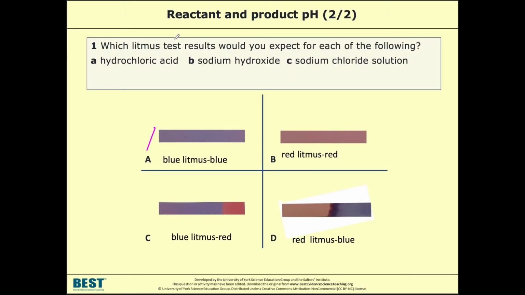Okay, so considering all of that, using litmus tests, thinking back to last lesson, we saw that red litmus goes to blue in alkali, it will stay red in acid, whereas our blue litmus becomes red in acid, and in neutral they are both going to remain the same.